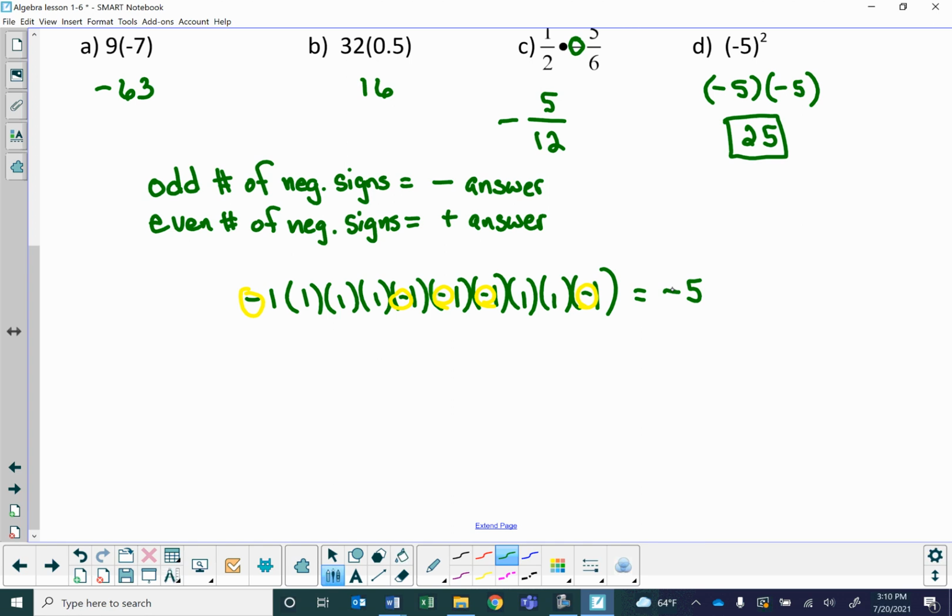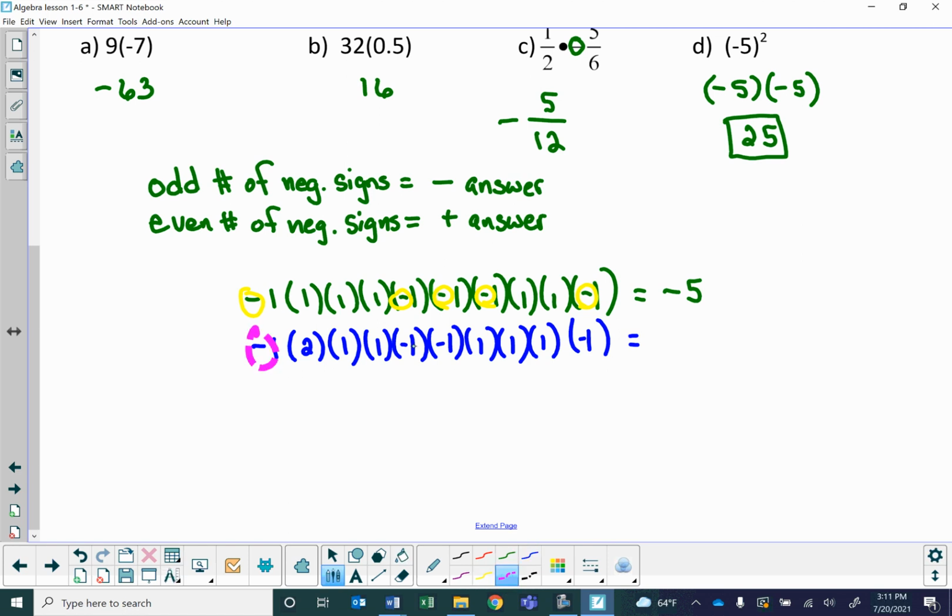Okay. If I had, let's say, negative 1 times 2 times 1 times 1 times negative 1 times negative 1 times 1 times 1 times 1 times negative 1. Okay, if we count how many negative signs we have, I have 1 negative sign there, 1 there, 1 there, 1 there.